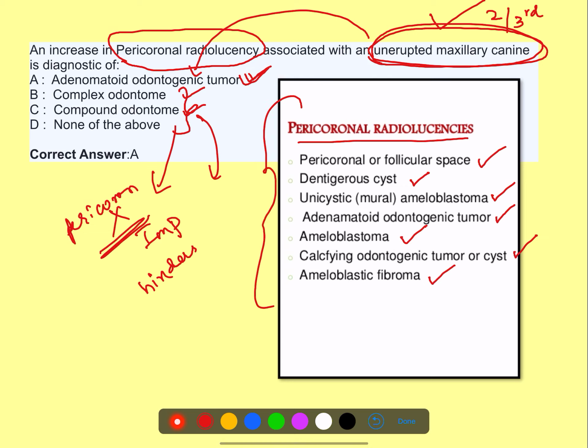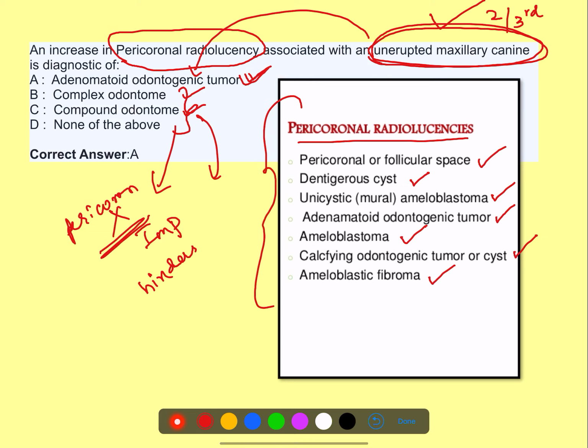Periapical cemental dysplasia occurs at apical areas of non-vital teeth or apical areas of central incisors, tends to enlarge symmetrically, always surrounded by a well corticated margin. If you go into periapical cemental dysplasia, it is mostly present at the apex of vital incisors and mostly seen in middle aged female patients.